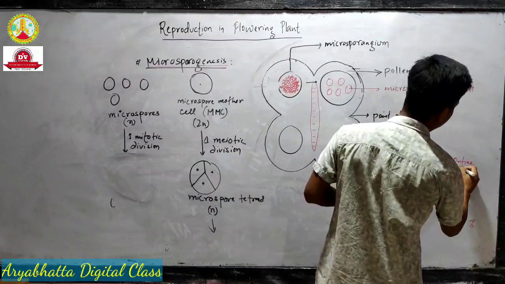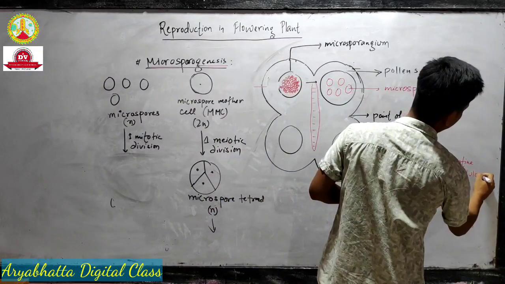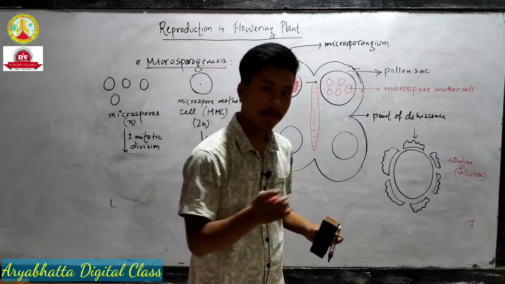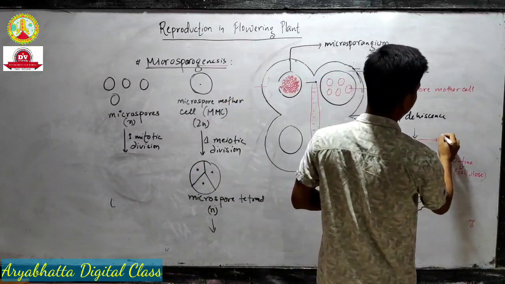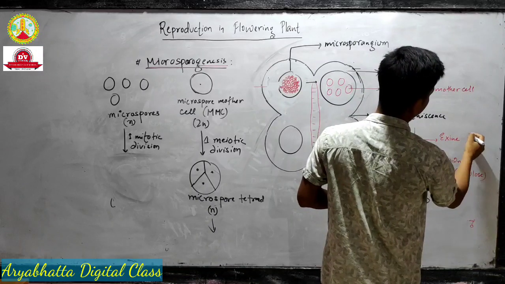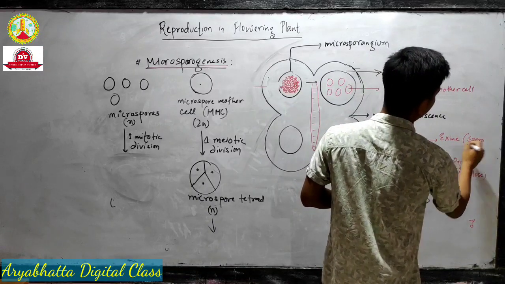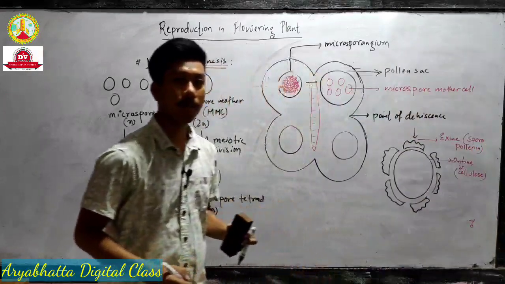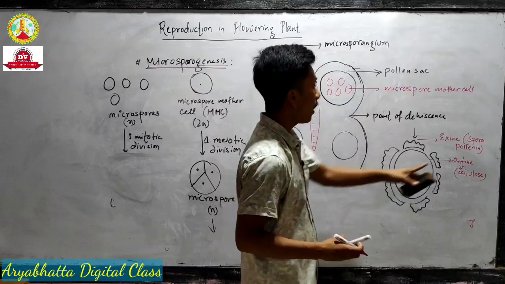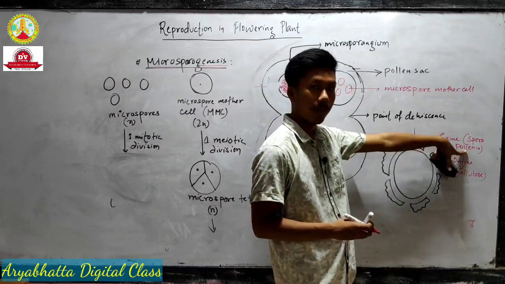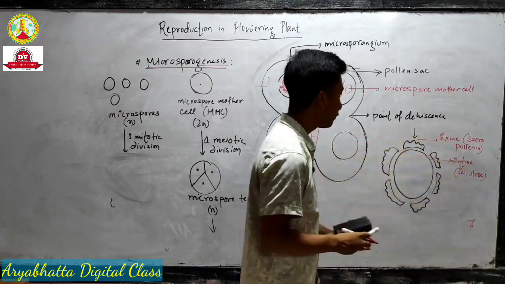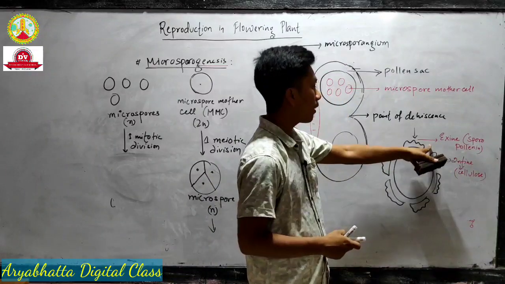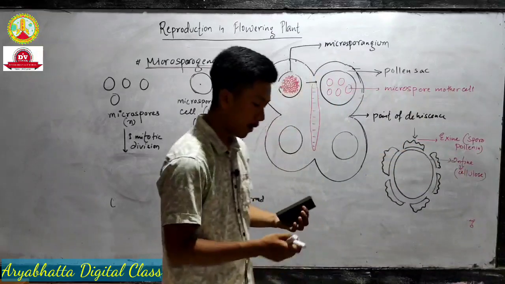It is made up of cellulose. The outer layer is very hard and an extremely resistant substance. This is exine, and it is made up of sporopollenin, which is a very highly resistant substance we have discussed. It is produced by tapetum. The inner layer is known as intine, made up of cellulose. The outer layer is known as exine, made up of sporopollenin.